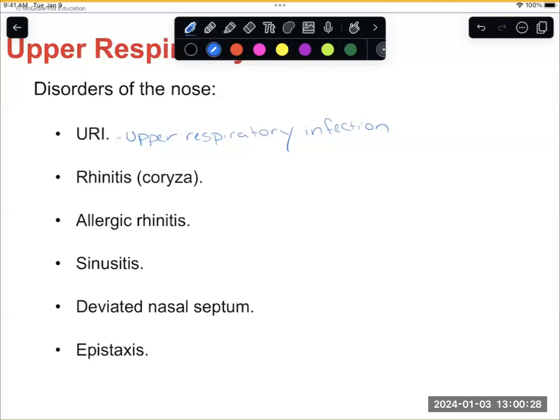It is going to cause swelling of that mucous membrane in your nasal passages. It's going to cause this watery, kind of clear discharge from the nose, this mucus that's coming out.